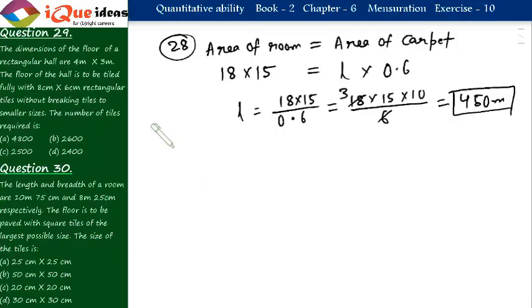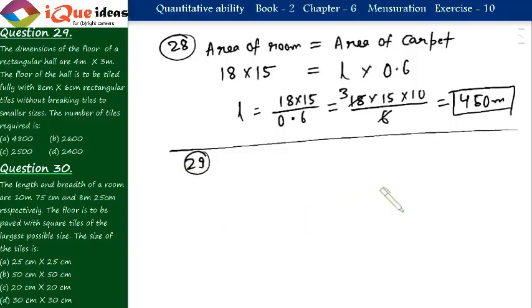Now the next question, question number 29. It says the dimensions of the floor of a rectangular hall are 4 meter by 3 meter. The floor of the hall is to be tiled fully with 8 centimeter into 6 centimeter rectangular tiles without breaking tiles to smaller size. The number of tiles required.